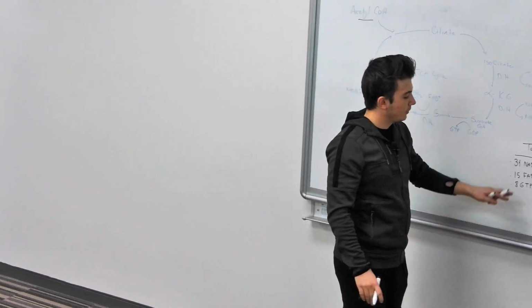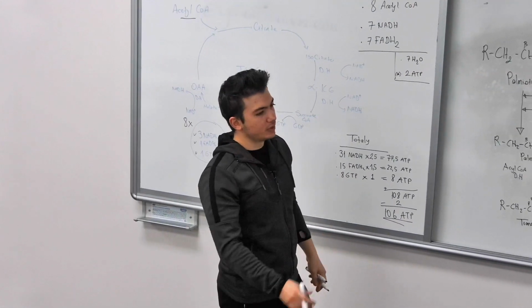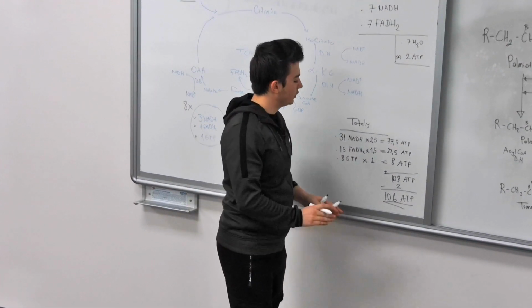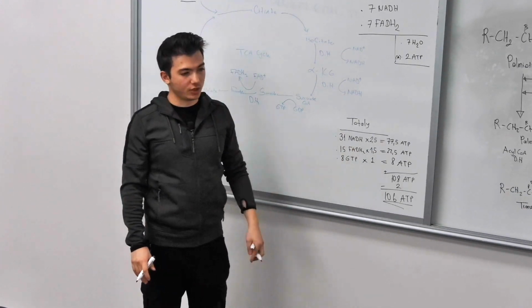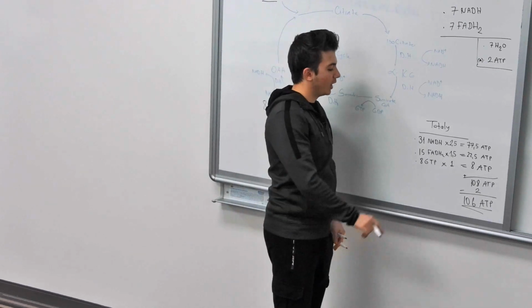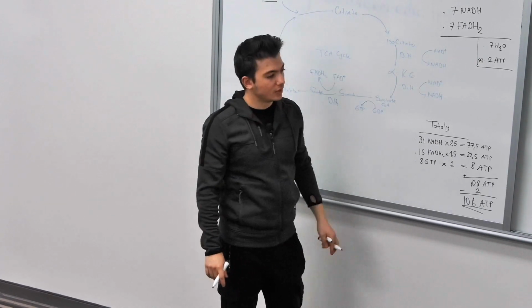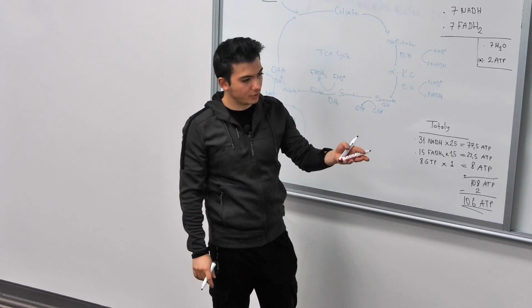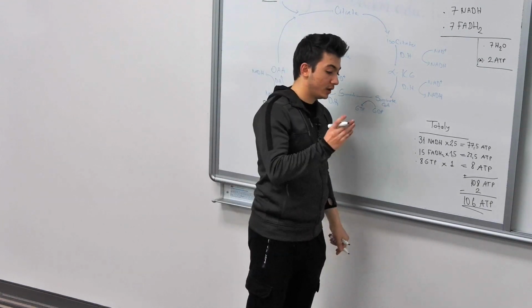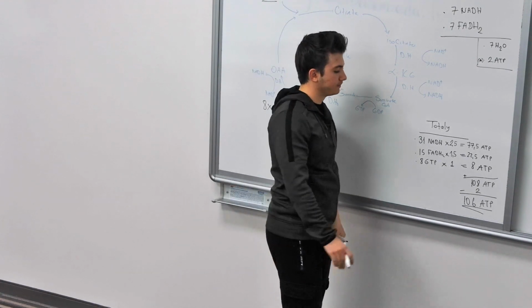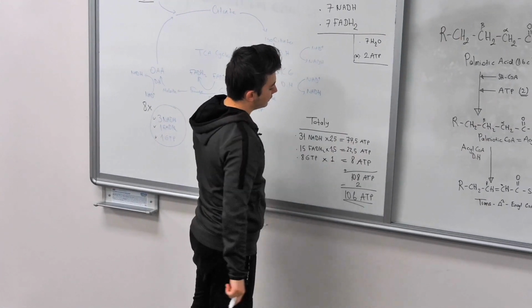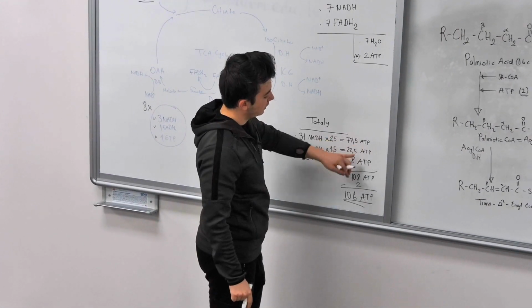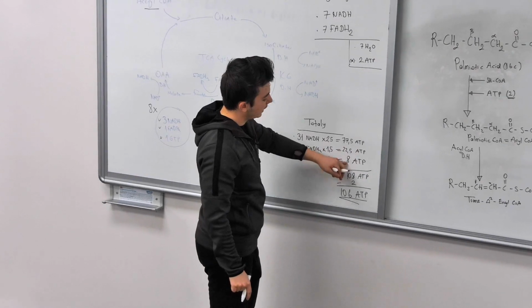But as we know from the electron transport chain, I can generate 2.5 ATP from a single NADH molecule, and I can generate 1.5 ATP from FADH2. I know it from the electron transport chain. Good. Then I can calculate these numbers: 77.5 ATP, 22.5 ATP, and 8 ATP.